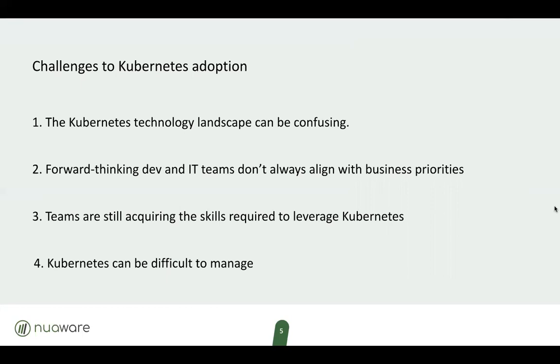Additionally, enterprise IT teams are often averse to risk and slow to change. And teams are still acquiring the skills required to leverage Kubernetes. It was only a few years ago that developers and IT operations had to readjust their practices, now known as DevOps. And now they have to adopt container orchestration as well.